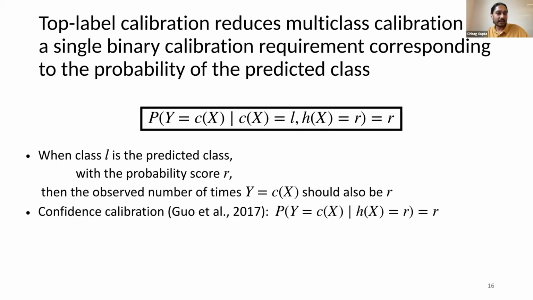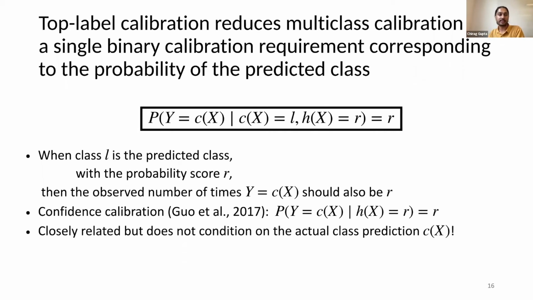But before that, I'll just mention this notion of confidence calibration, which is very widely popular in the ML literature. If you've read anything on calibration recently in ML, you've probably come across this. Our notion of top label calibration looks very similar, but there's one fundamental difference: confidence calibration just conditions on hx and not the actual predicted class cx.